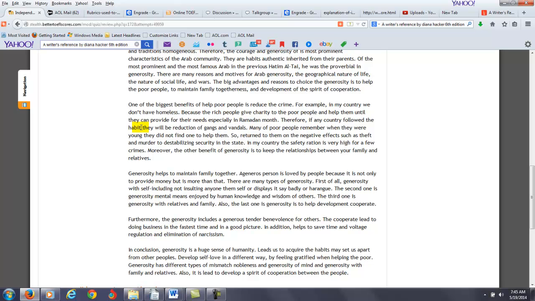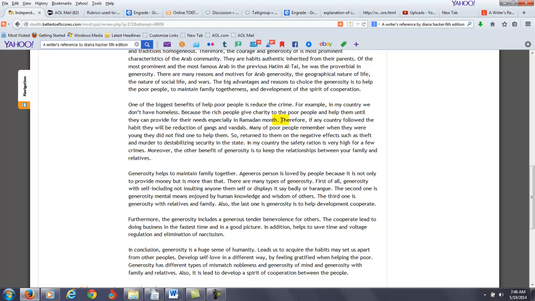Sounds like you're talking about several things. So if any country followed these habits, they will reduce. I would say here, not be reduction. They will reduce the number of gangs and vandals in their respective countries, you could say.